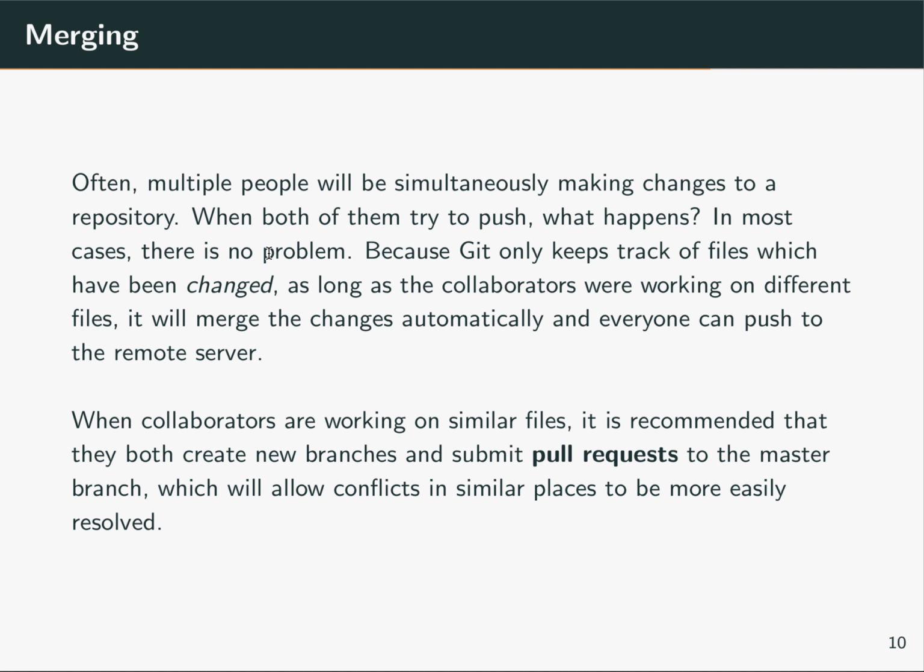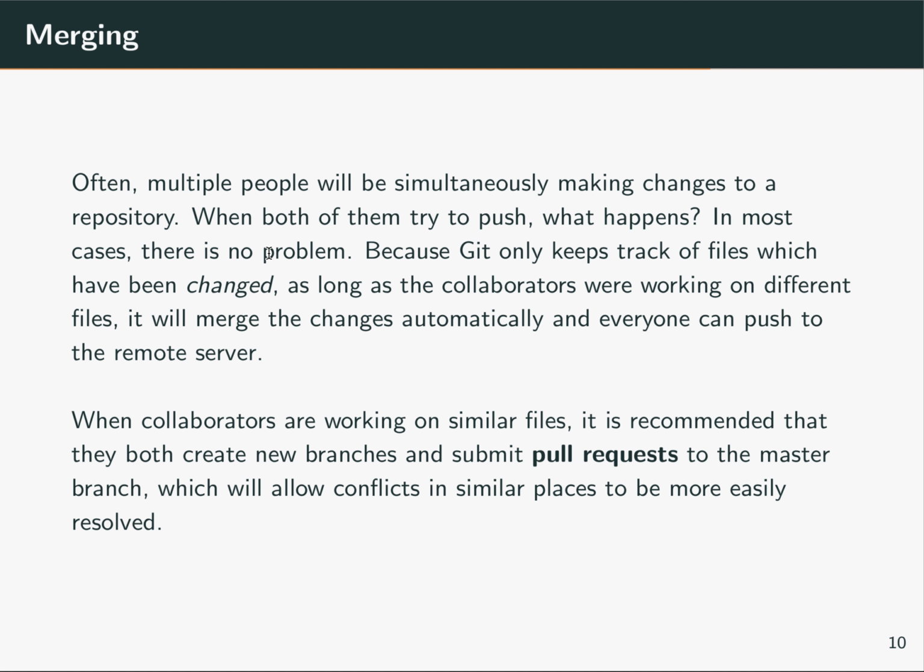But where the issue comes in is when two people are working in the same file in around the same place, because you can see how Git won't know which one to choose if they've made different changes to the same line range in a file.